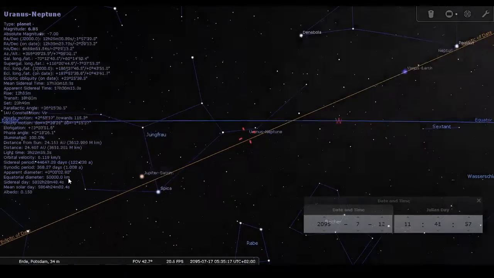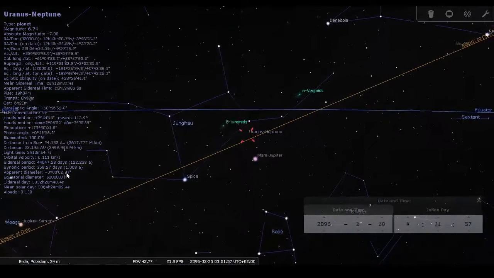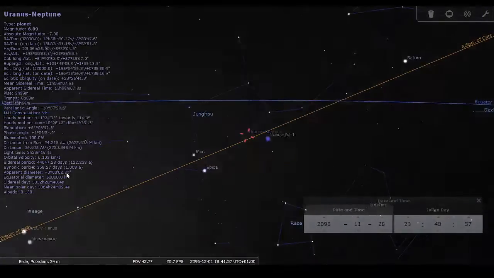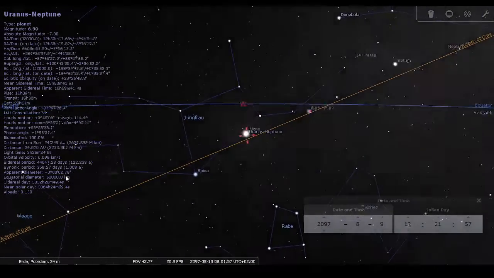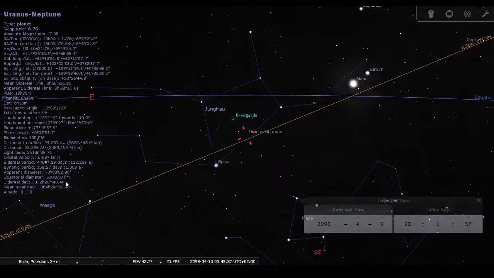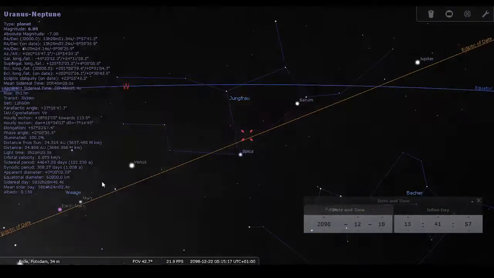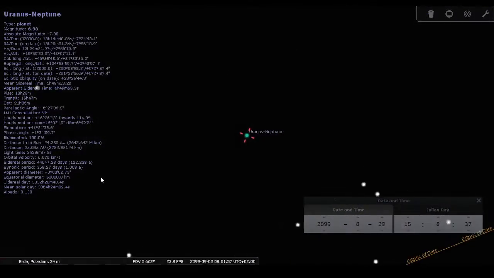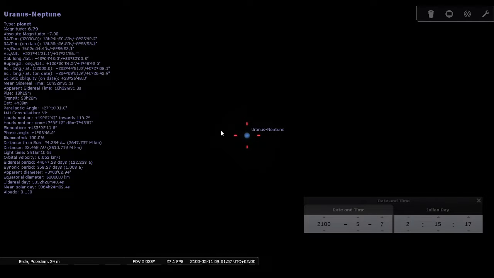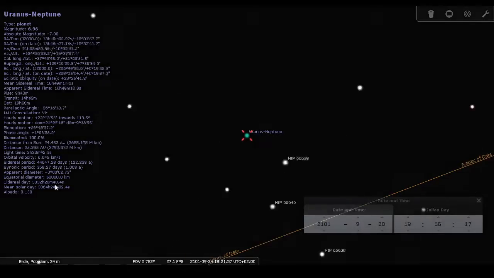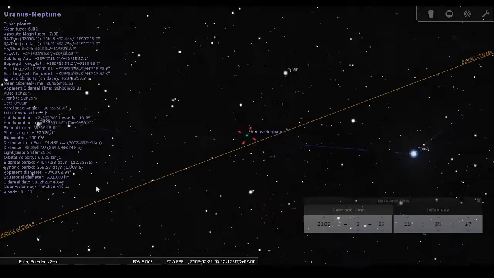You can see the apparent diameter is very low, about 3 arc seconds. It's very small. You would just see a little disk, but you cannot see any details. It's like that, observed in a telescope. Equatorial diameter about 50,000 kilometers.